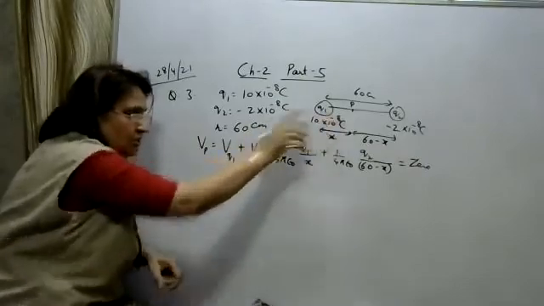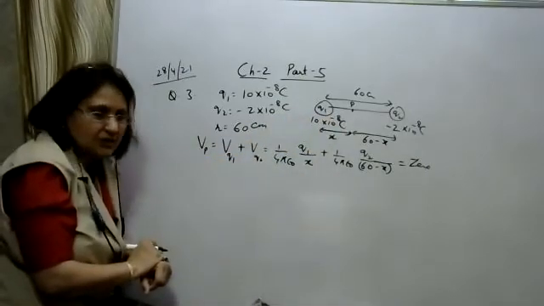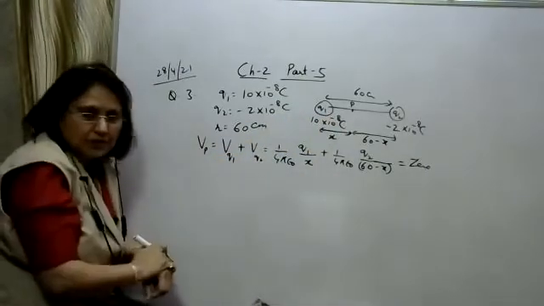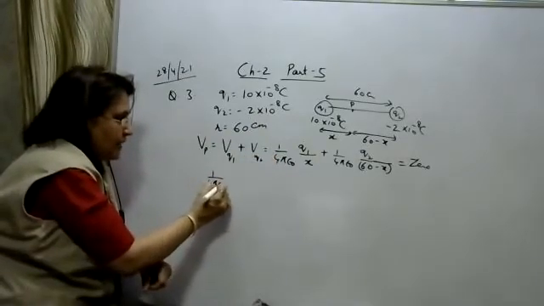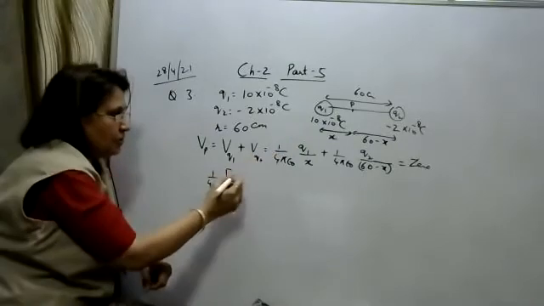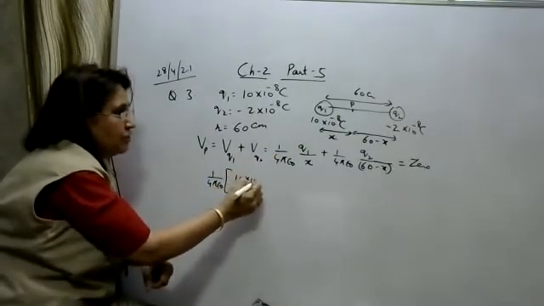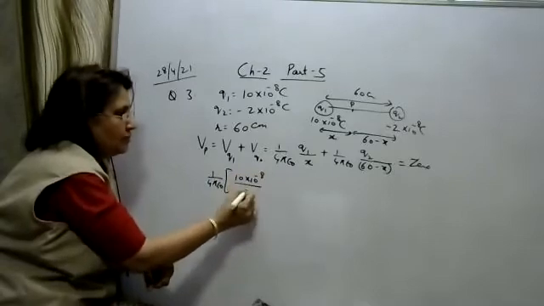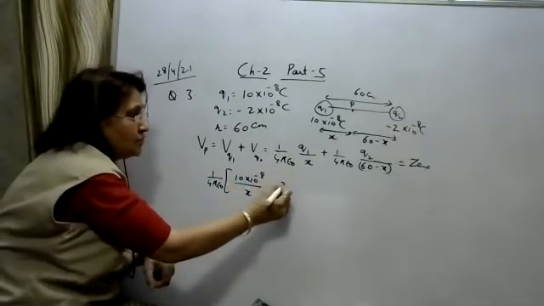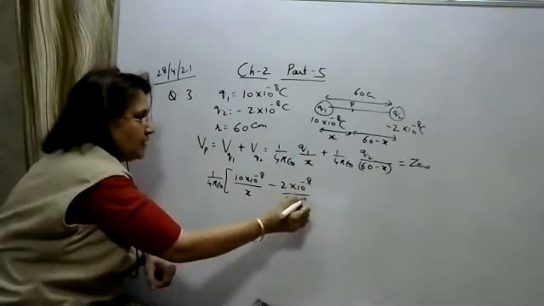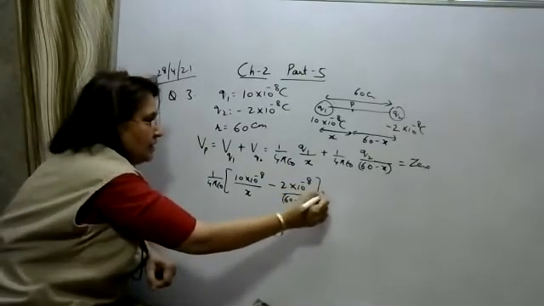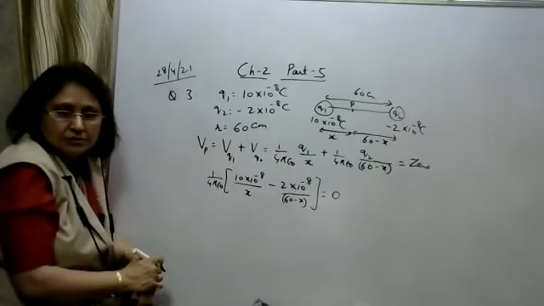So this distance x you have to find out where the potential is 0. Take 1 upon 4 pi epsilon naught common. Q1 is 10 into 10 raised to the power minus 8 coulomb upon x, plus Q2, minus 2 into 10 raised to the power minus 8 coulomb upon 60 minus x, is equal to 0.